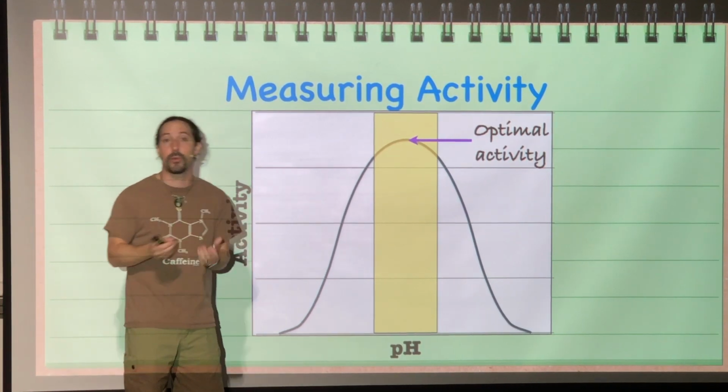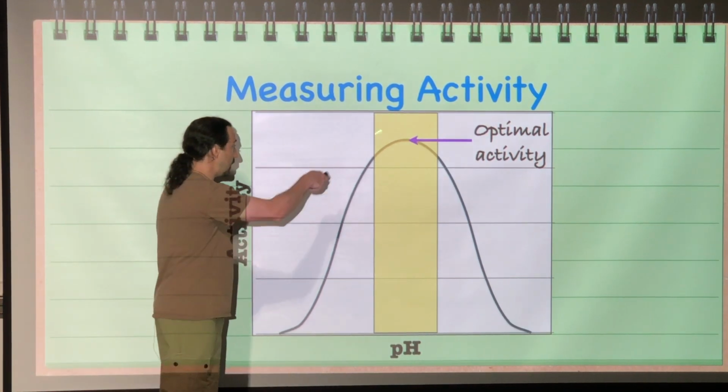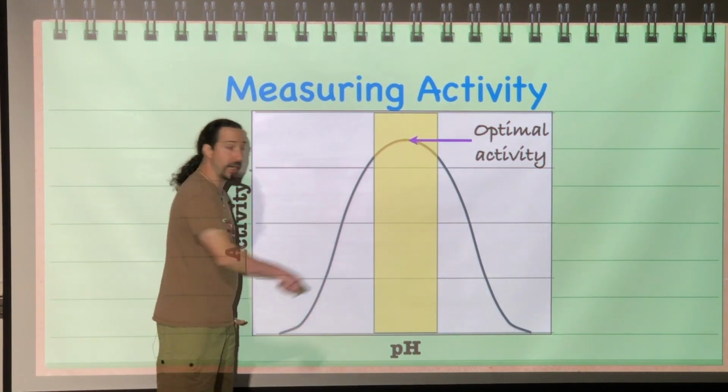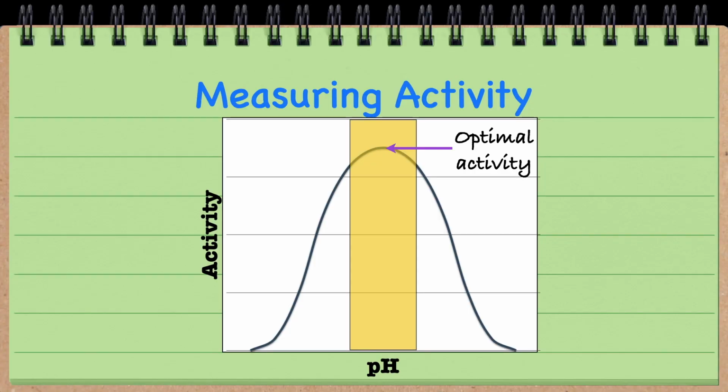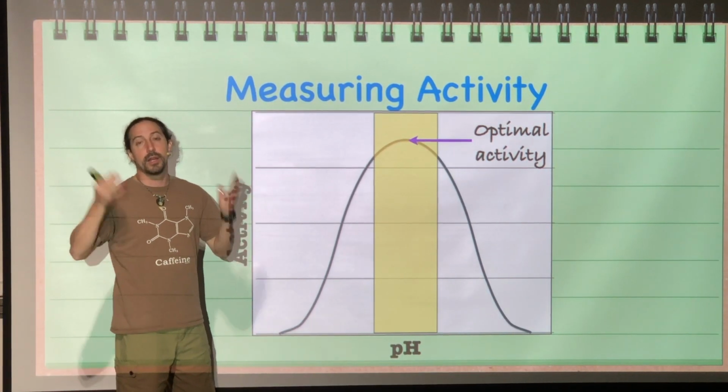Some enzymes only work at a pH of 2, and that's it, a really narrow graph, and they would not work at a pH of 1 or at a pH of 3. Some enzymes are able to work at a pH of 5 to 8, so it's going to have this wider bell where the enzyme works best at approximately 6.5. It depends on the enzyme.